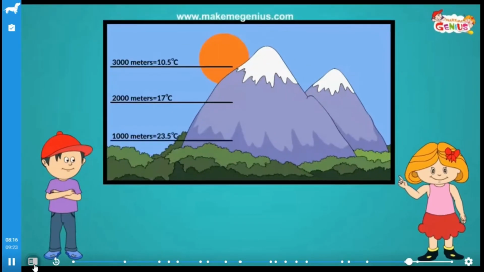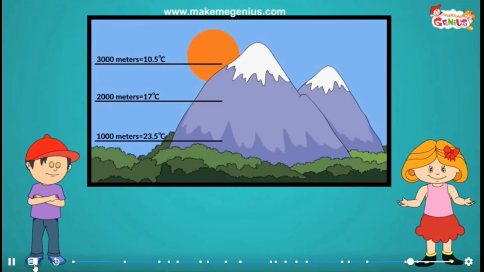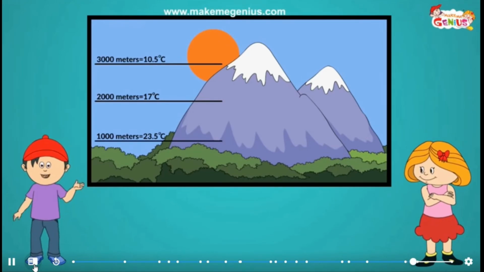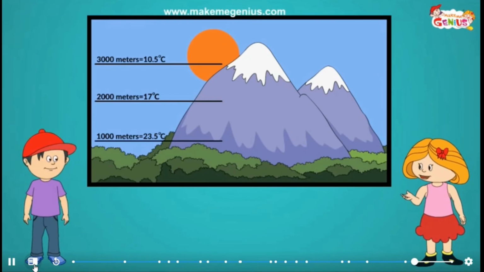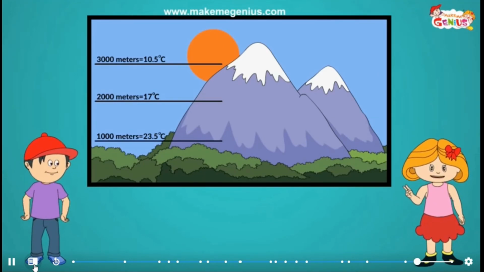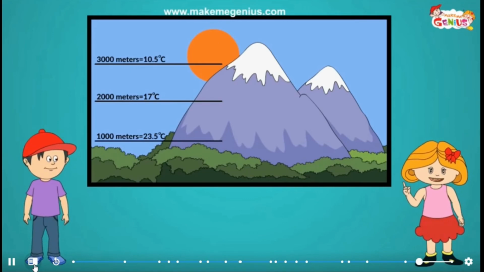As we move up, temperature keeps going down. So elevation of a place also affects the climate of a place. Yeah, direction of sun rays and elevation are two important factors that affect the climate of a place.